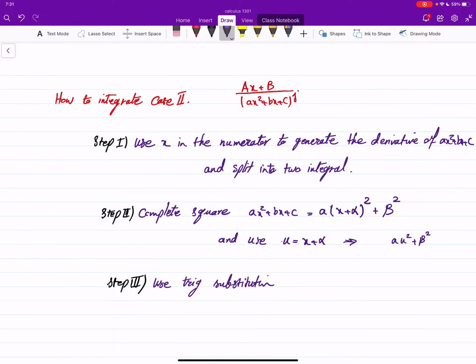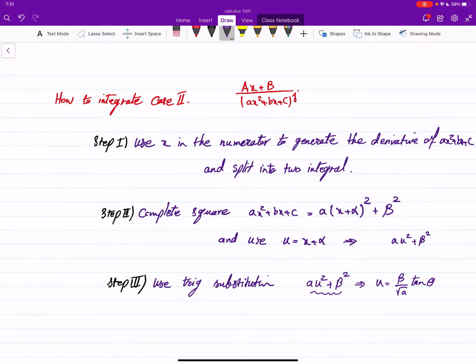So in this specific case, au squared plus beta squared, you need to use u equal to beta over root a tan theta, a number times theta, so that when you multiply here, you get tan squared plus 1.